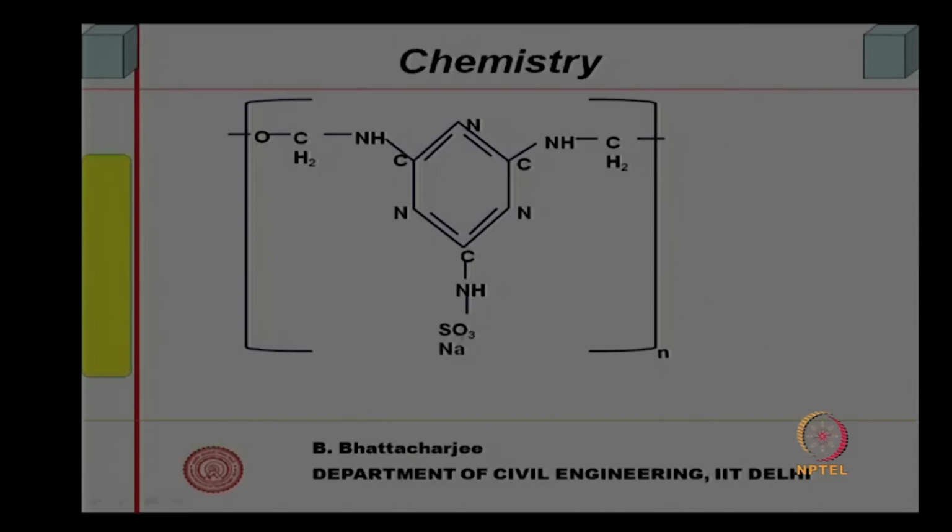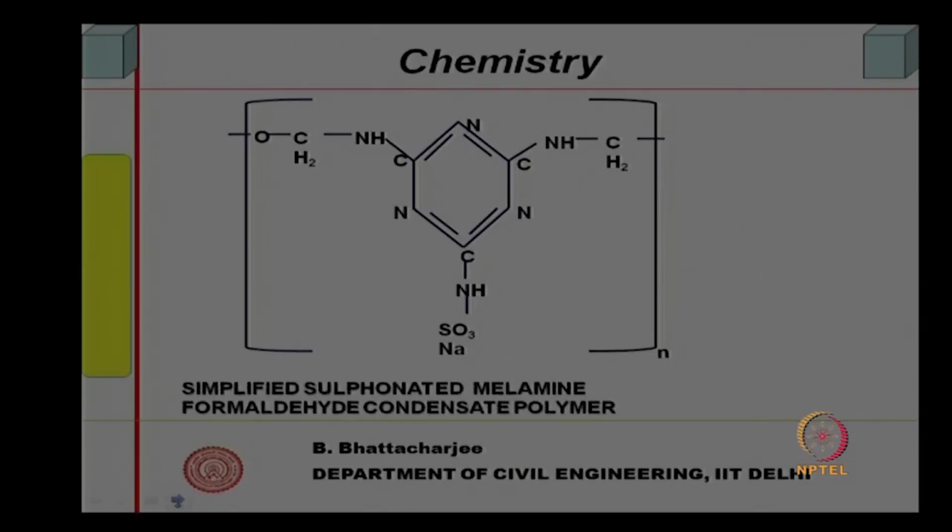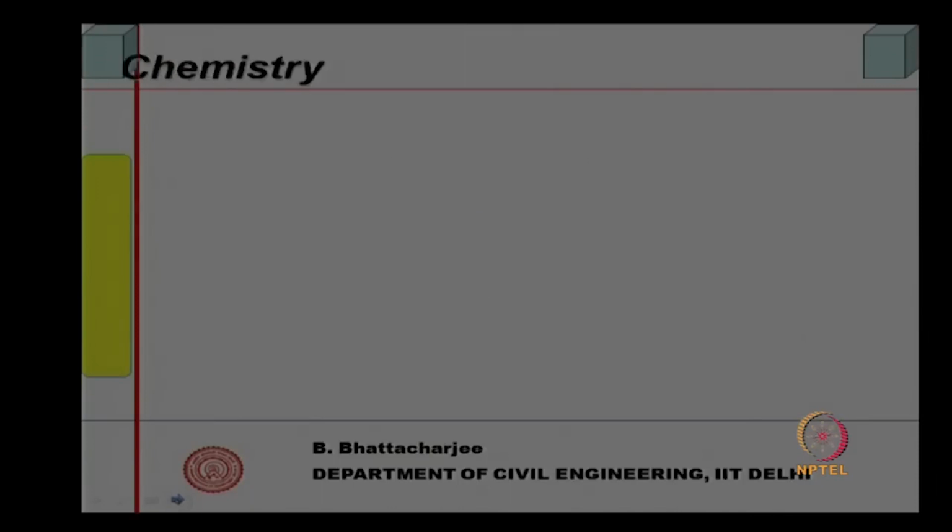On addition to water this sodium will dissociate out, leaving everything else negative, which can get attached to the cement particle surface and cause dispersion. So, this is a simplified sulfonated melamine formaldehyde condensates polymer, with n the degree of polymerization.